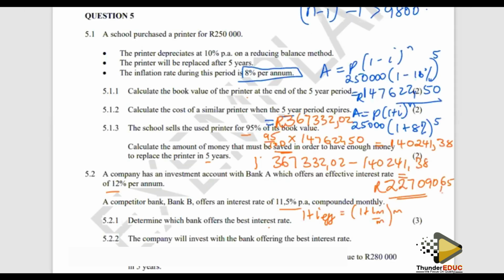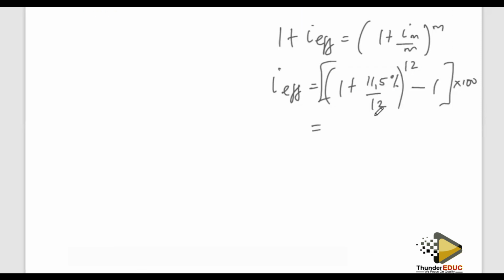Wait a minute. We said 11.5% compounded monthly. Let me just do it again. Said 1 plus 11.5% over 12 to the exponent of 12. We're subtracting a 1. Yes, I had added.